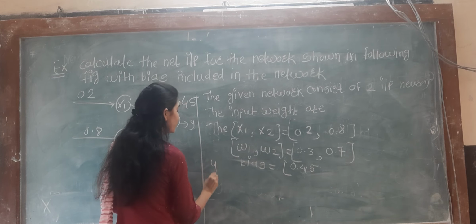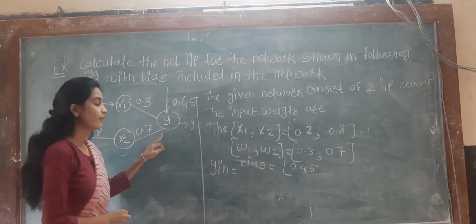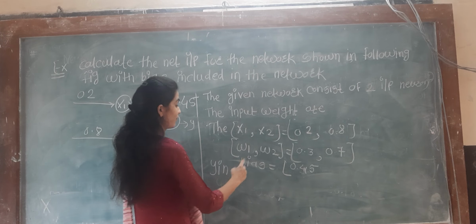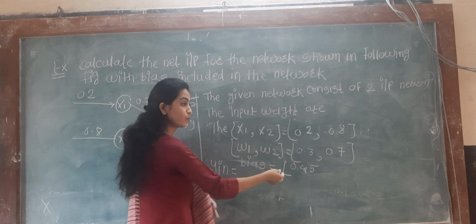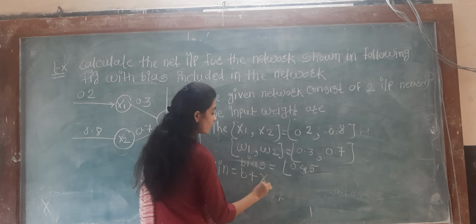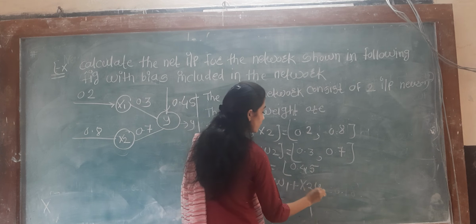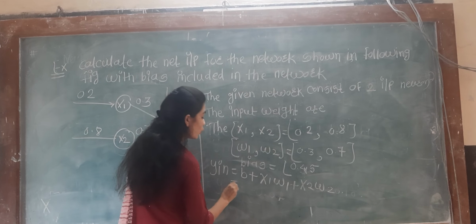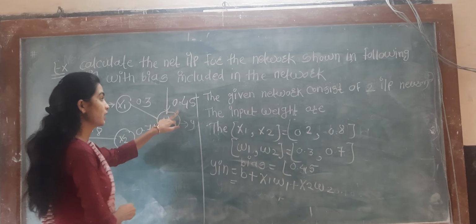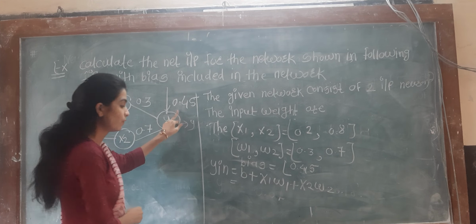Then the formula for net input is y in is equal to b plus x1 w1 plus x2 w2. The value of the bias given in this example is 0.45.